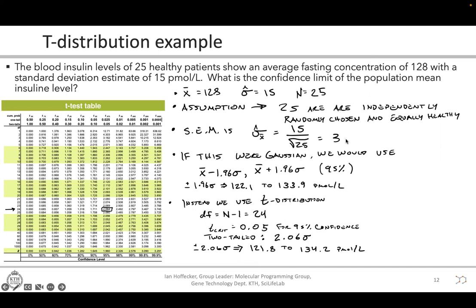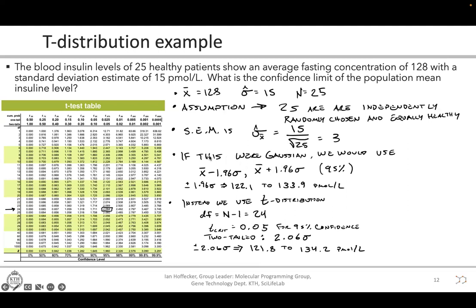And now if this were a Gaussian example, if this were a case where we knew the standard deviation of the population, then we could just go into the Gaussian table and look up 95%, or, we already remember it basically. So we know that 95% is 1.96 standard deviations away from the mean.